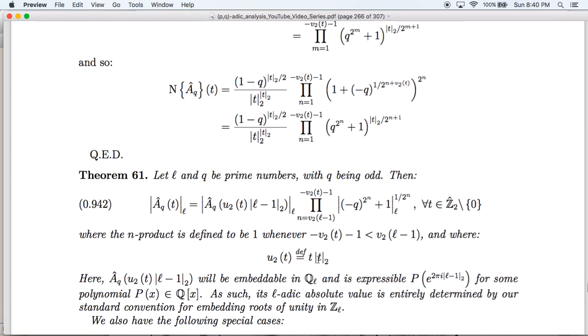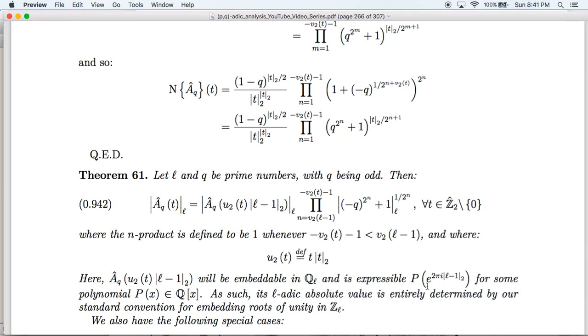So in this case, well, this is dealing with both the familiarity and the unfamiliarity. This term right here is going to always be embeddable in QL. And so it will be expressible as a polynomial in e to the 2 pi i over L minus 1's 2-adic absolute value. This quantity here is the largest 2-power root of unity contained in this field.